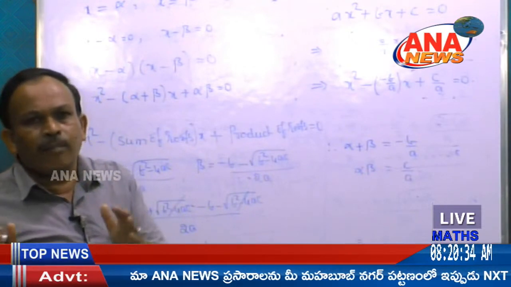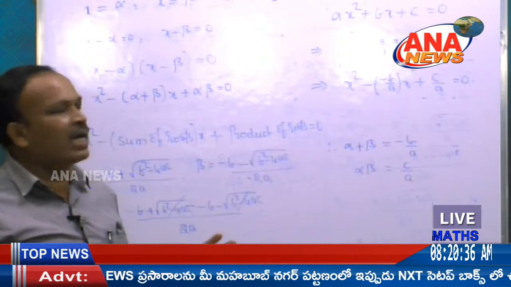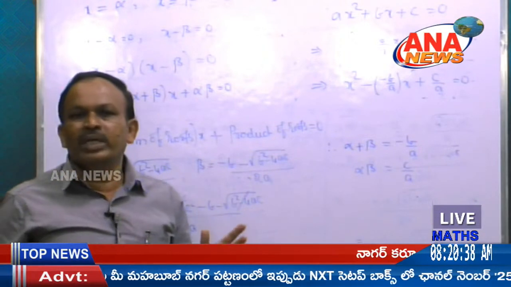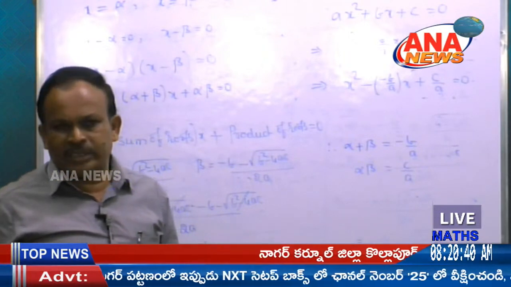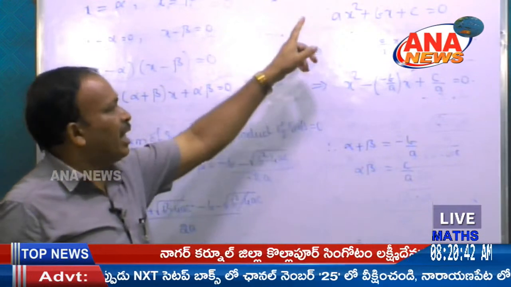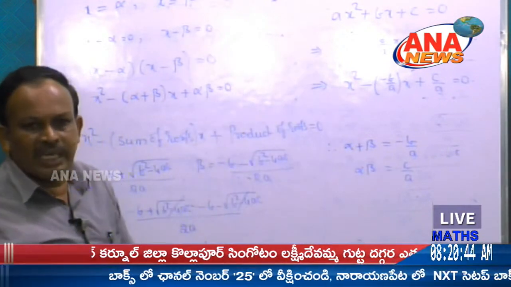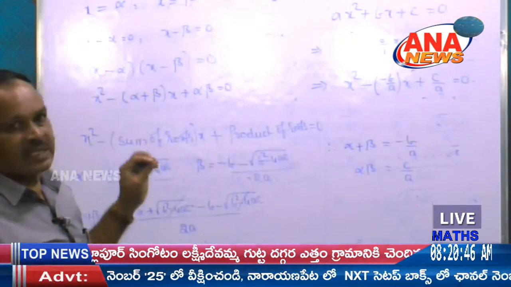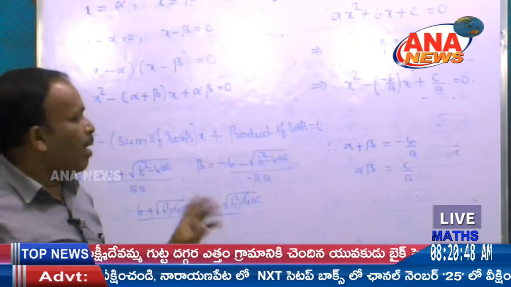So it is not necessary to specify whether a, b, c are real or complex. Just write: a is not equal to 0, and a, b, c are complex numbers.